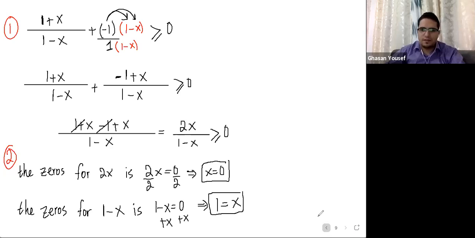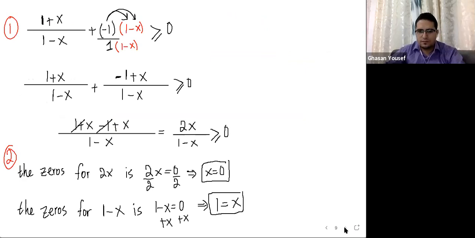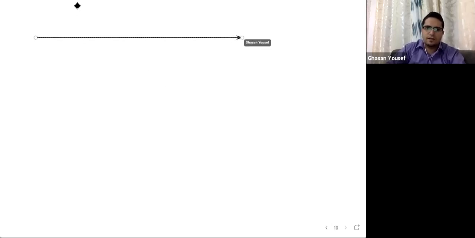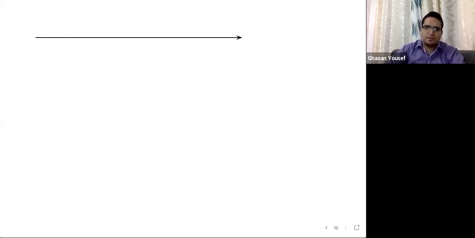Now, step number 3, find the sign. To find the sign, I have to draw the real line, like this. This is my real line. And I have to put the zeros on the line. What is the first zero? It is 0. Because it's on the top of the fraction, in the numerator, we have to put it closed.